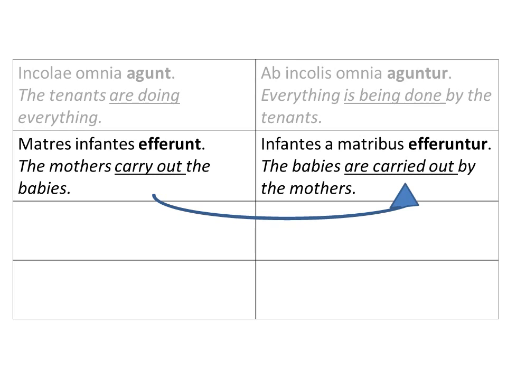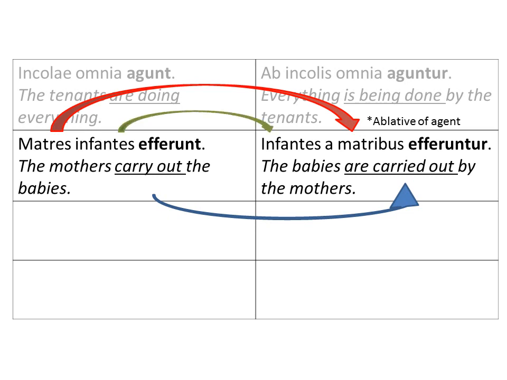In the active sentence, our subject is mothers. So to make it passive, since they're doing the action, they're going to become that ablative of agent. There we go. Matres becomes a matribus. Again, this ablative of agent. Also notice, infantes in the active sentence is the direct object. It's accusative. In the passive sentence, it's actually the nominative subject. Now, both the forms are the same, an ES ending, but on the left it's accusative, on the right it's nominative.